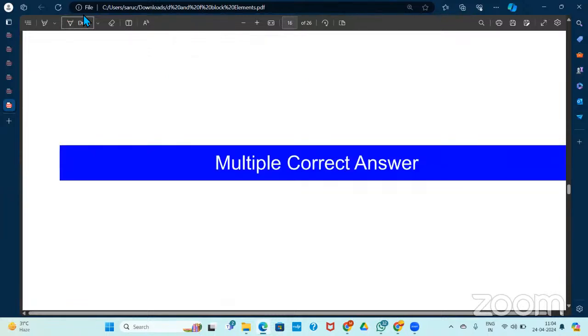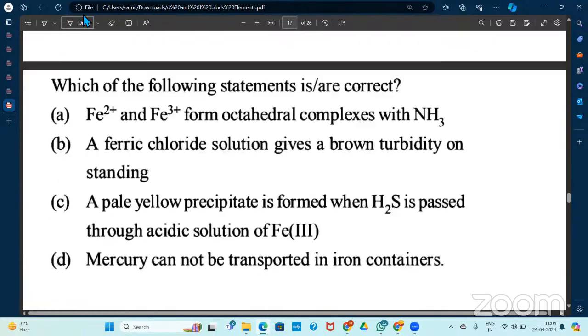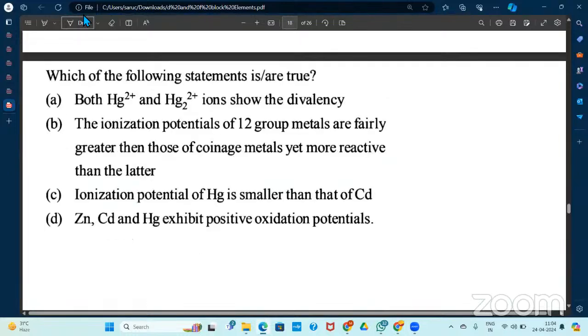Multiple correct answer. Moving to the next question. Which of the following is not true? Both Hg2+ and Hg2 2+ ions show divalency. The ionization potential of 12 group metals are fairly greater than those of the coinage metals, yet they are more reactive than the latter.